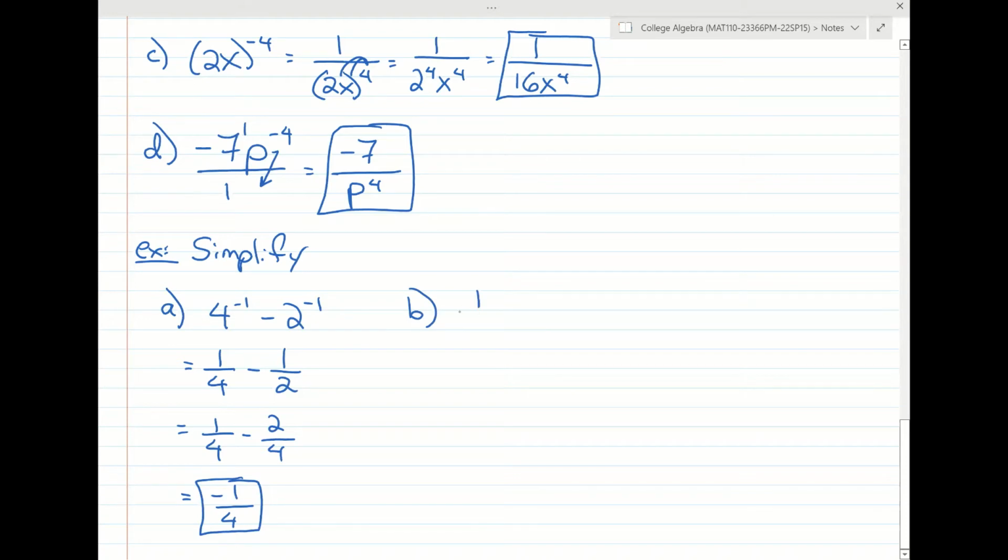What if we had (1/4) to the negative 3rd? You just bring this to the top, and this would just be 4 to the 3rd, which is 64.